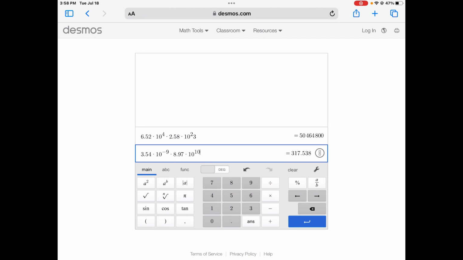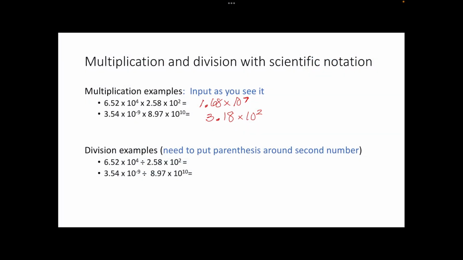All right, so let's look and see what that is. Oh, okay, there we go. So that is 317.538. If we round for 3 places again, that would be 3.1. Now, since there's a 5 there, it's going to bump that 7 up to an 8. So it'll be 3.18 times 10 to the second power. We just have to move the decimal point over 2 spots there for multiplication.